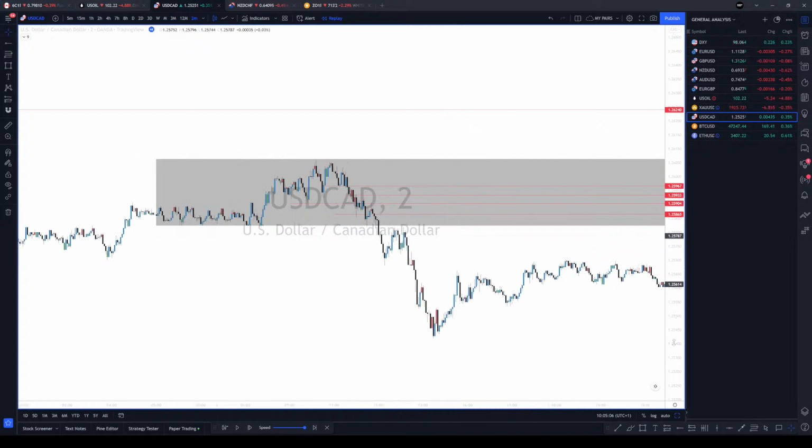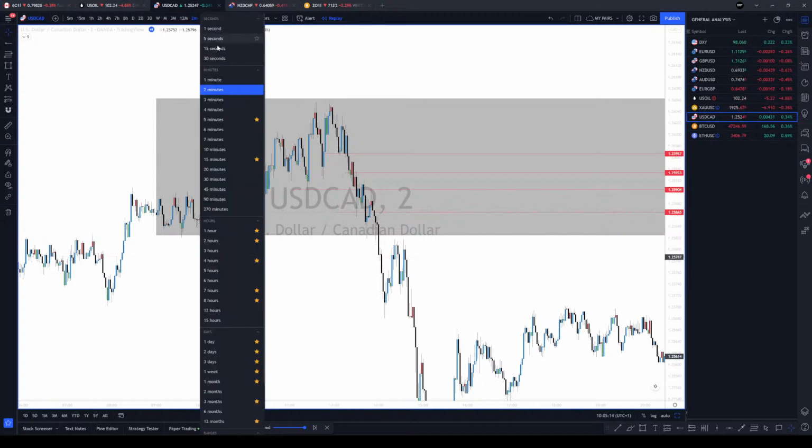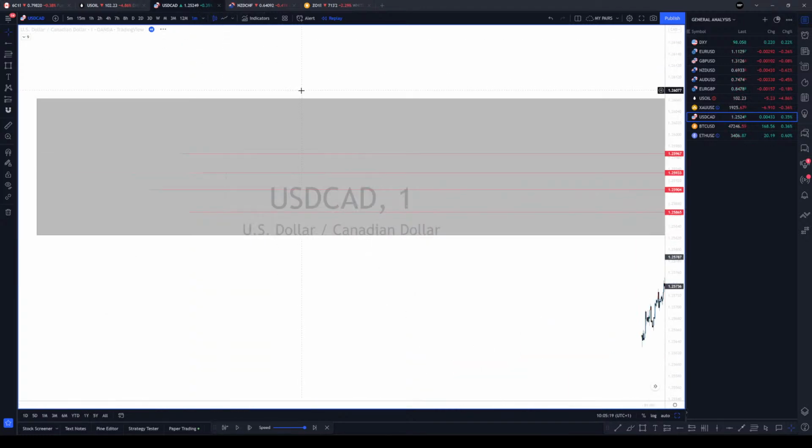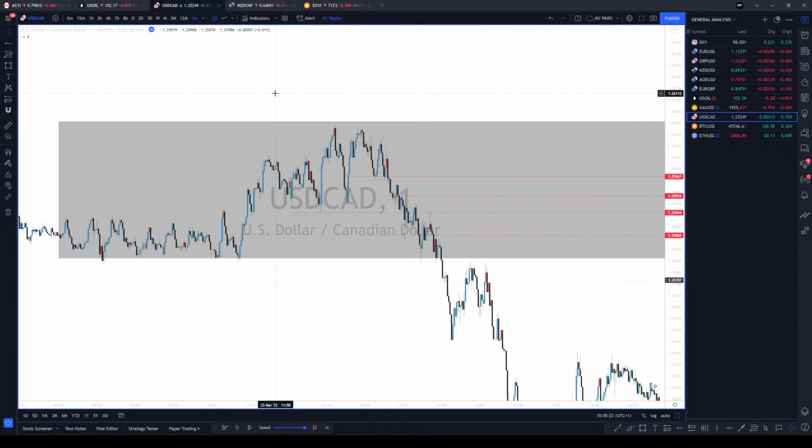Okay, on the 2 we have something really small in here, right there. I'm just gonna go to the 1. Okay, on the 1 we have this one here, and then I'll go back to the 2.